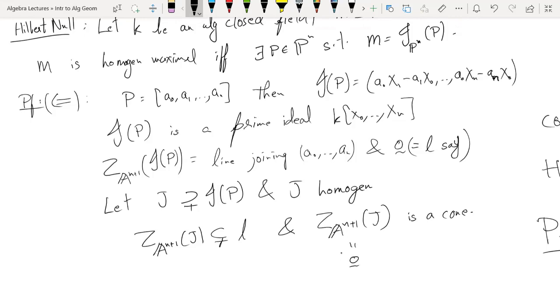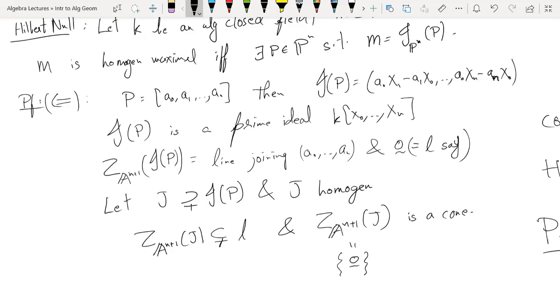This has to be the only possible, because if it contains any other point of the line other than 0, then it will contain the whole line. But since J properly contains IP, Z of J is contained in L properly. The radical of J is strictly bigger than IP.